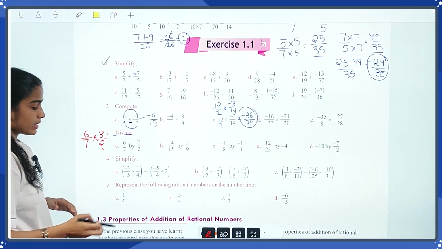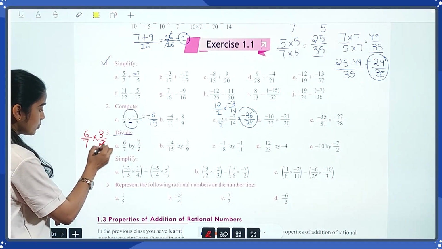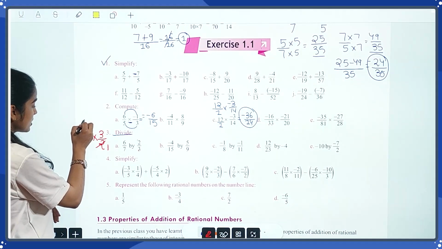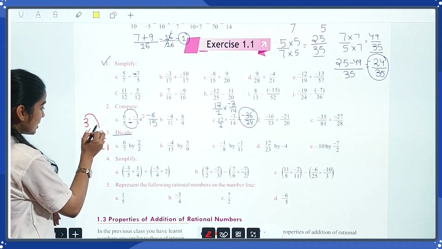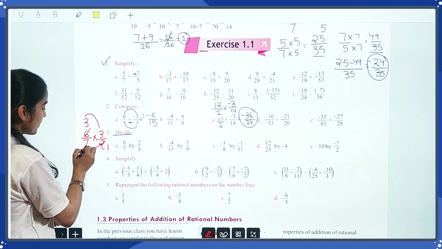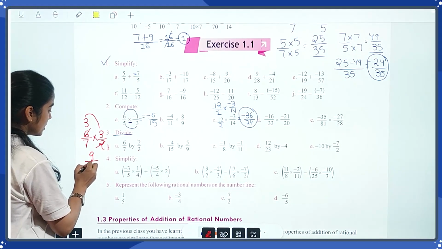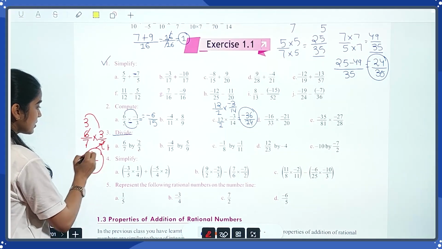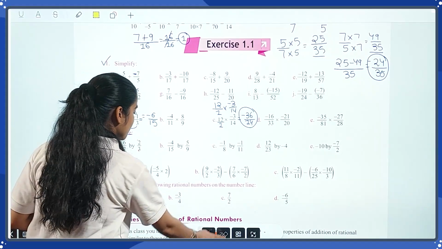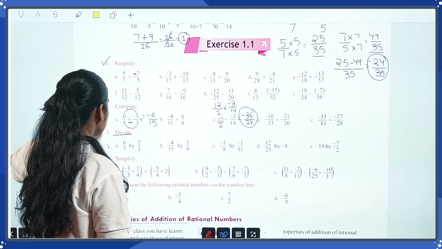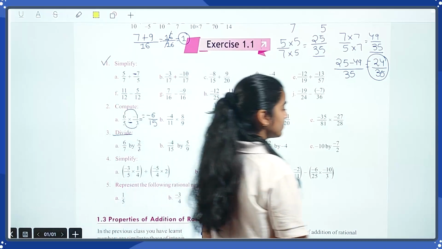Now you can simply cut out. 2 ones are 2, 2 threes are 6. Now multiply 3 by 3 is 9. 7 multiplied by 1 is 7. So here is your answer, which is 9 by 7. Okay, so in that way you can simplify your questions.